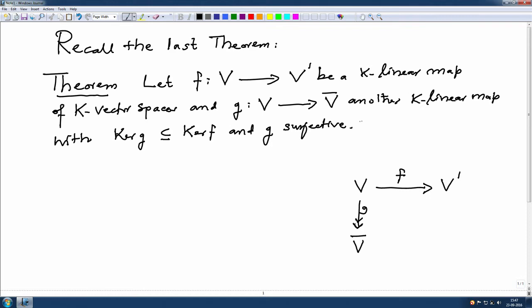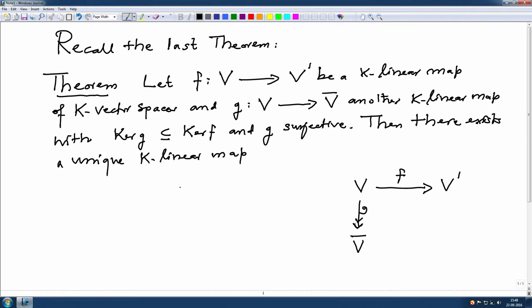Then, this is given, there exists a unique K-linear map which I will denote F bar from V bar to V prime.